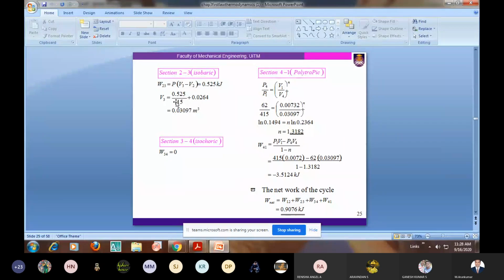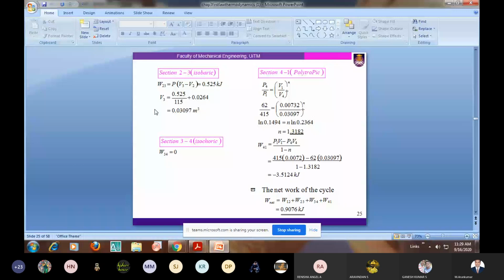The pressure is constant, so we know the pressure value. Then we have the volumes. The W value is given, so then we can find the volume V3, which is 0.03097 meter cubed.